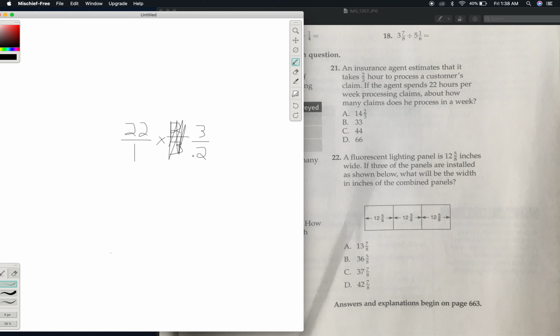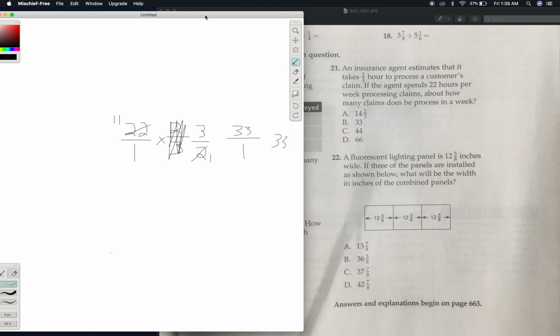Yes, it does, 11 times. So, yeah, 1 there and 11 here. So 3 times 11, remember anything times 11 is itself twice, 33, and 1 times 1 is 1. So remember, anything over 1 is the top number, so it's equal to 33. So it would be B.